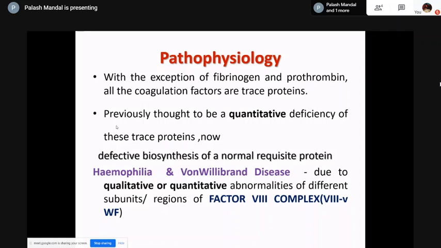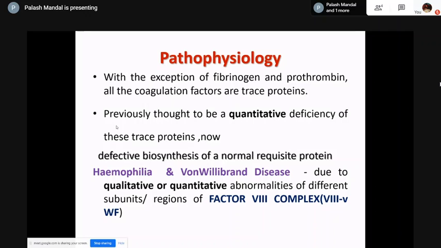Pathophysiology of the deficiencies of coagulation factors. Except fibrinogen and prothrombin, for all the coagulation factor proteins, the synthesis is delayed.